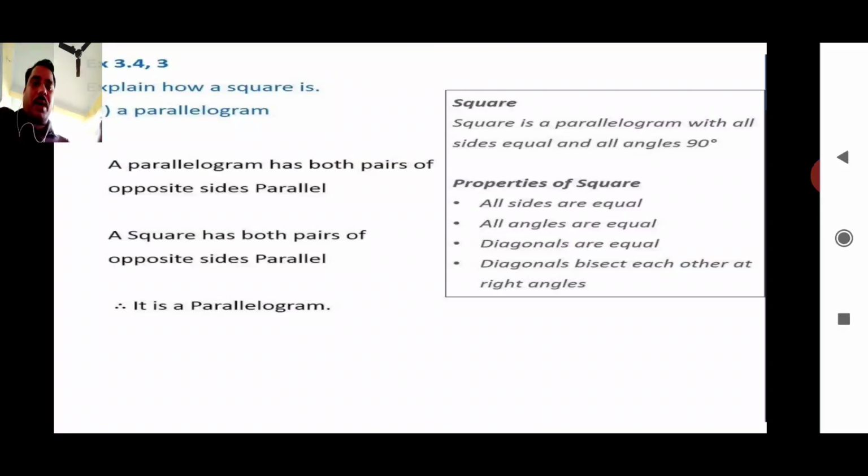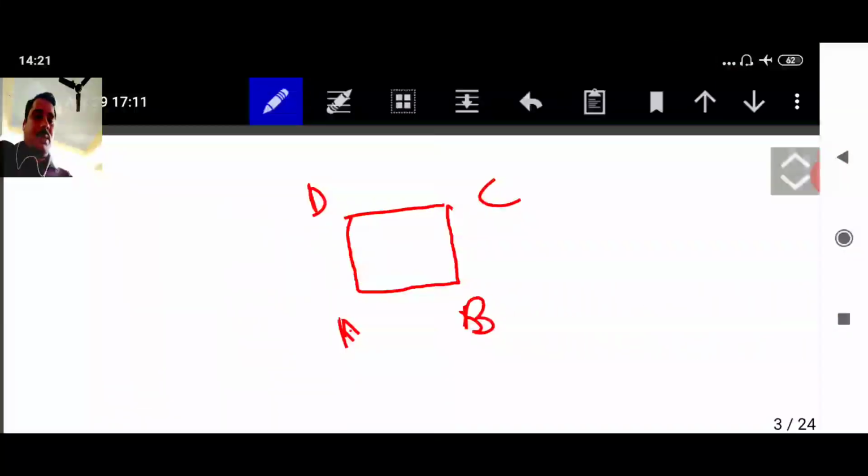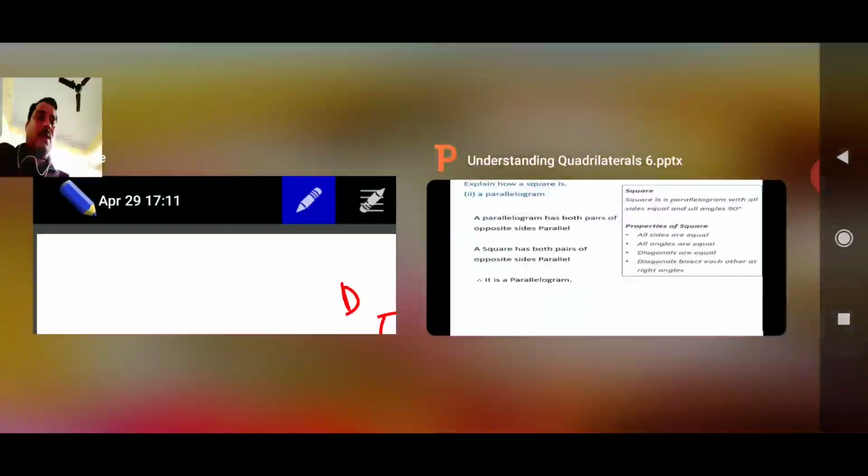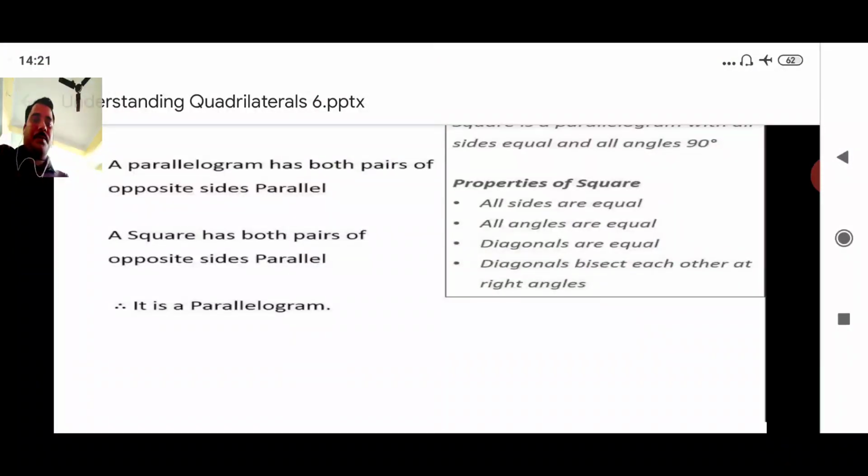In a parallelogram, both pairs of opposite sides are parallel, and a square has both pairs of opposite sides parallel. Means this is parallel to this and this is parallel to this. So it is a parallelogram. Next one.